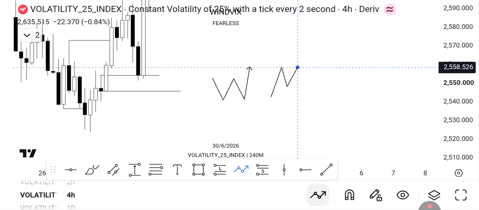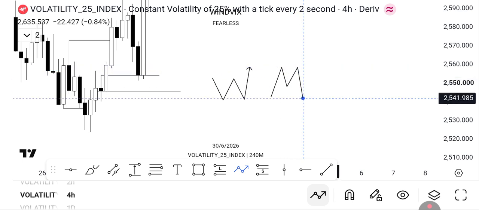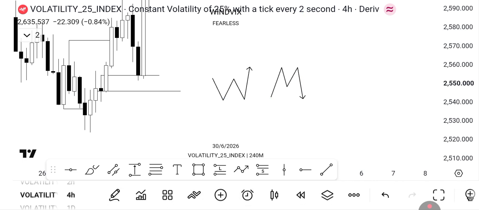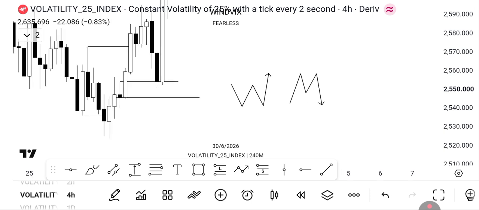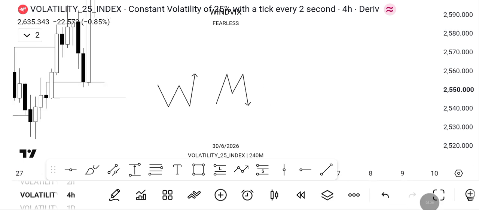I'll be doing the buy, so you can just scout around and find out about the sell too. It's the same logic. And then we have what I call the incomplete W pattern or the incomplete M pattern, but some people would call it change in state of delivery, CSID.